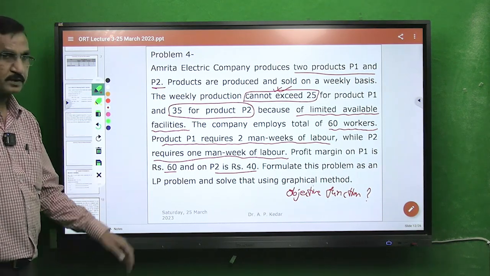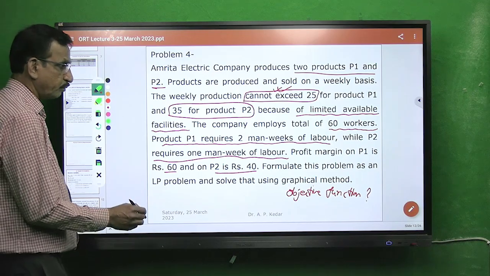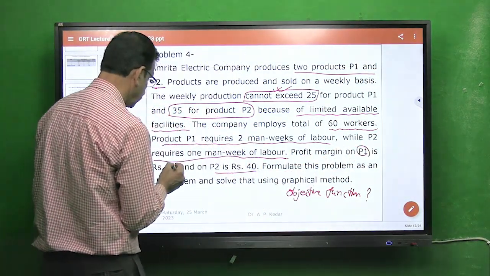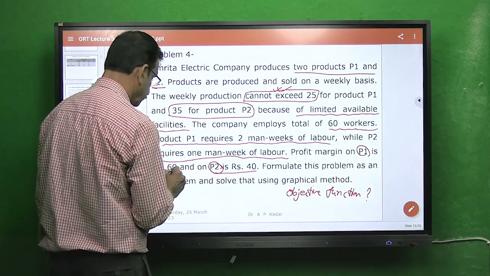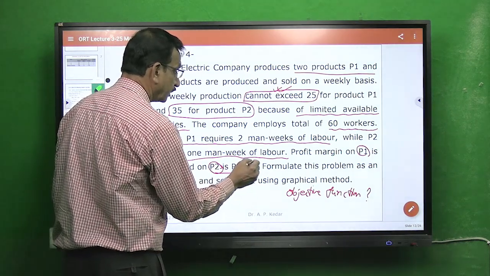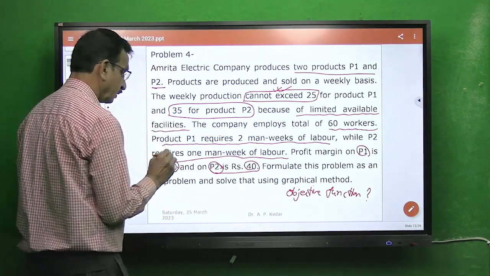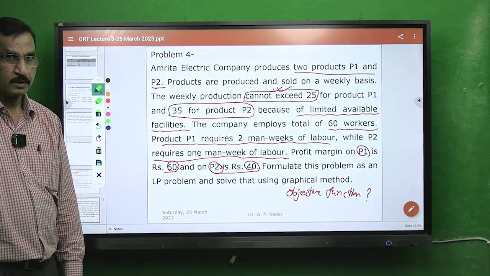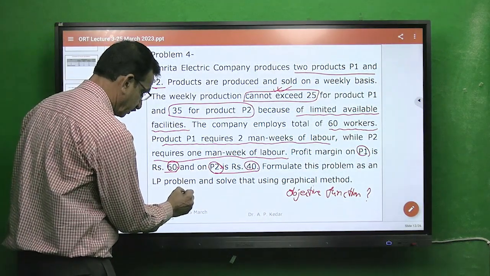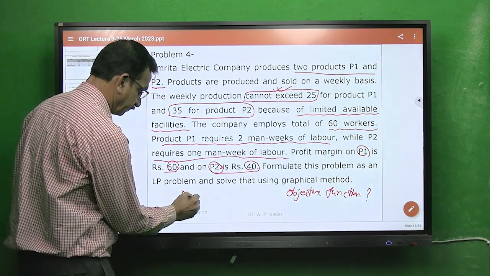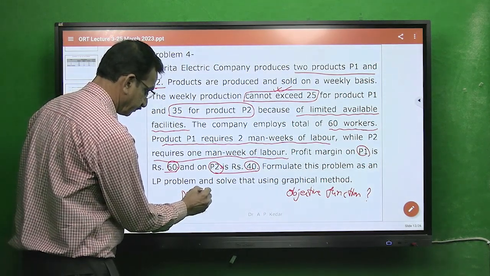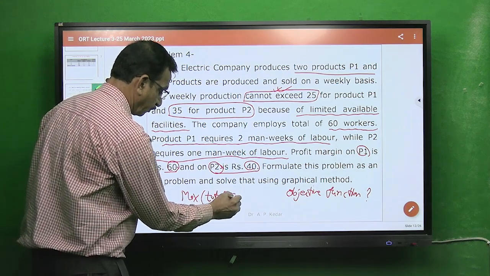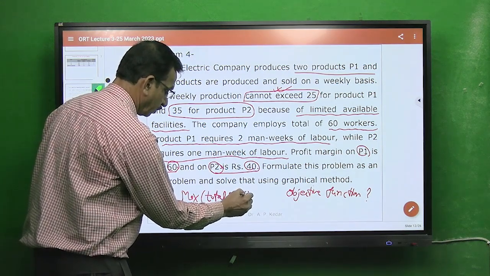So if we read it carefully, values of profit on P1 and P2 are given, 60 and 40. So obviously the objective function is to maximize, and in brackets we write total profit. That would be the objective function.